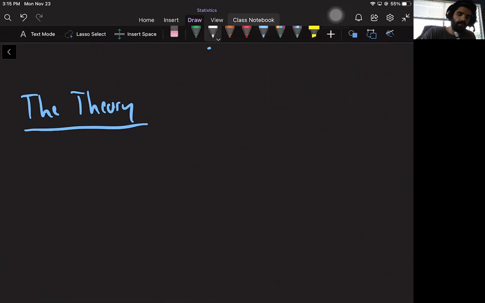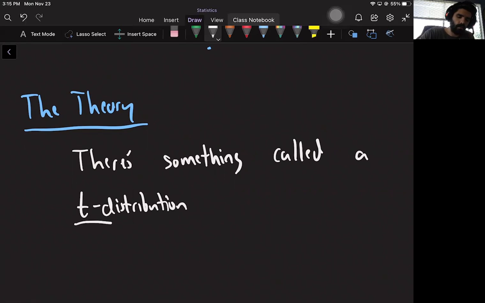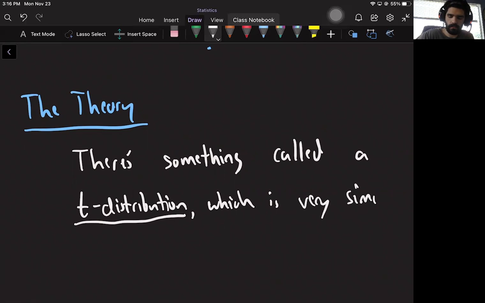So here's the theory. We're not going to go into it as deep as we did for the other stuff, so you're just going to have to believe some things I say without justification. There's something called a t-distribution. It's very similar to a normal distribution. It's so similar that you basically can't distinguish them.